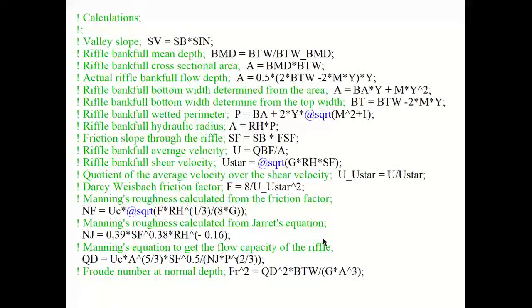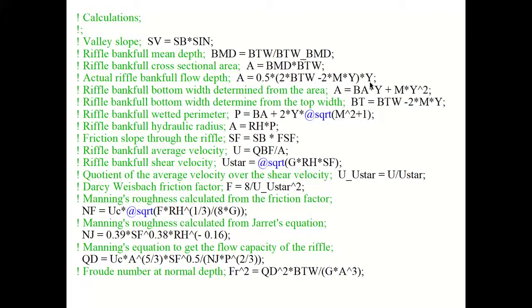So this is the list of the calculations. And as you have seen numerous times during this semester, I very much define everything that I'm talking about in terms of calculations. So I can look back and I know exactly what each line is doing. You can see we start by determining the bankful mean depth, and then cross-sectional area, bankful flow depth.